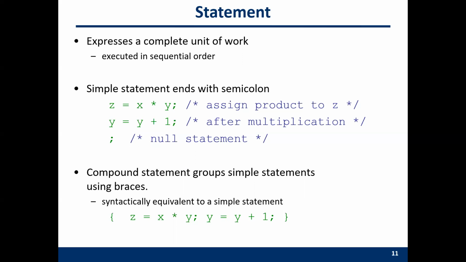The meaning of this statement is that you compute the multiplication, and then the result is assigned to Z. You can also have compound statements, or groups, and the so-called group is formed by these braces. In this group, there are two statements. One is a multiplication, the other one is an addition.